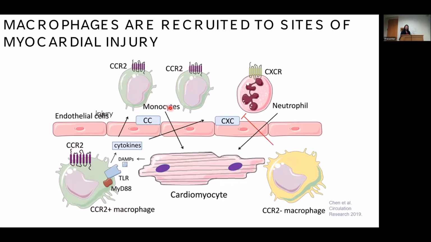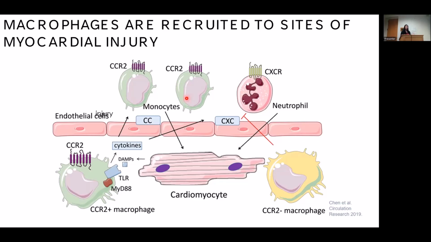If they're not present at the early stages of myocardial injury, then the heart can't respond to that acute stressor, and you can actually get myocardial rupture. But if these pro-inflammatory, acutely recruited macrophages persist over a long period of time, that can lead to heart dysfunction.